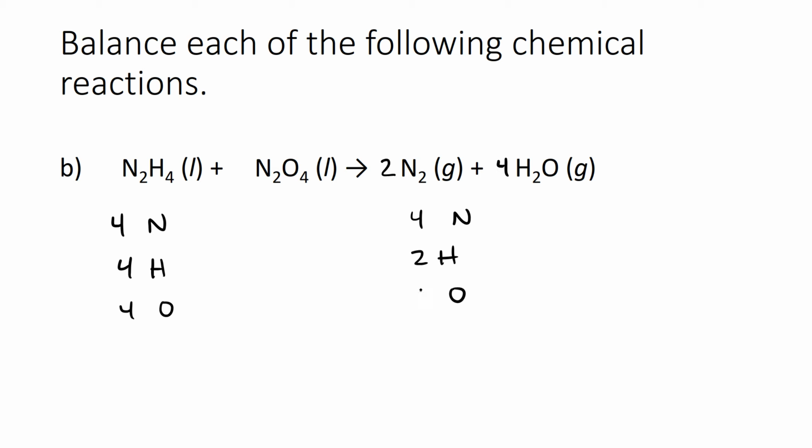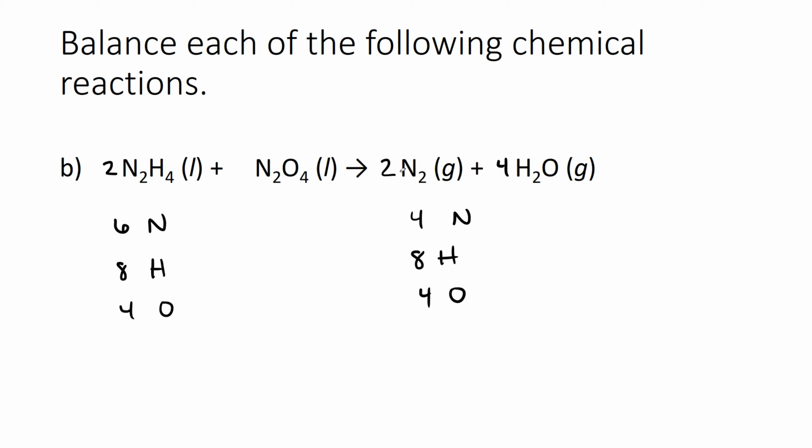So that's going to give us 4 oxygens and a total of 8 hydrogens. To balance out the hydrogens, I'm going to add a 2 to the left side over here. So now we have 8 hydrogens and a total of 4, 5, 6 nitrogens.